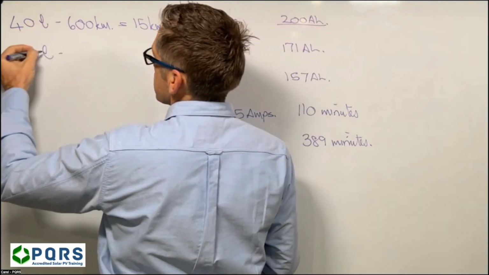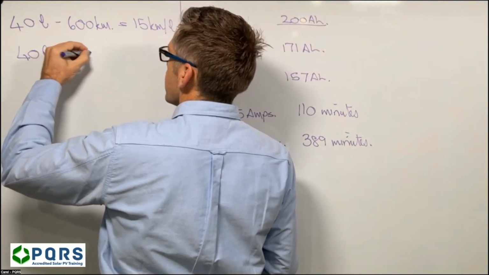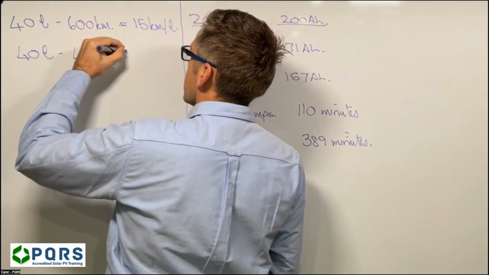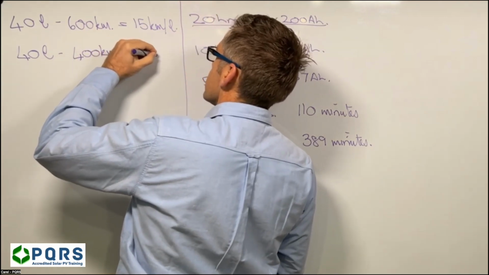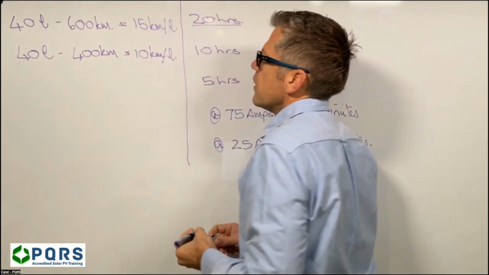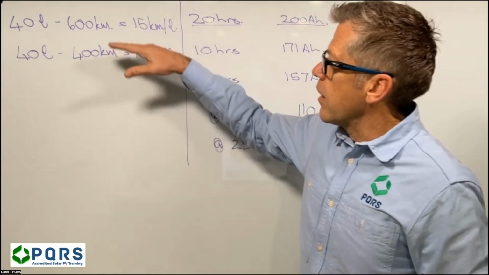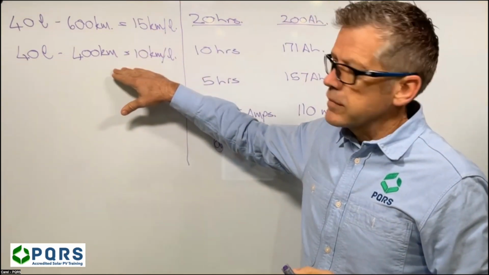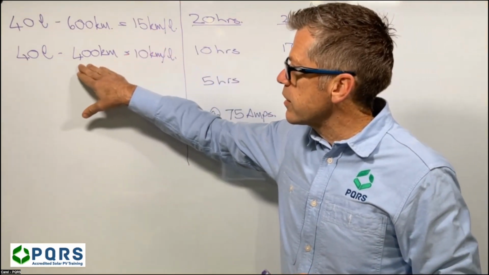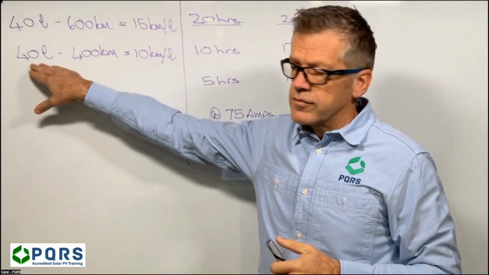So instead of 600 kilometers, we only get 400 kilometers out. And that gives us 10 kilometers per liter. So how we drive the car determines how far we go on the same amount of fuel.